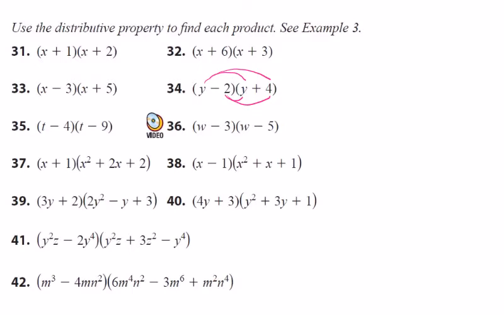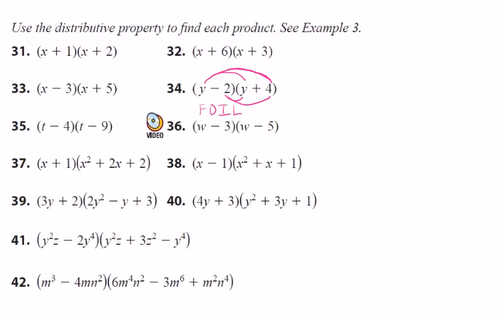FOIL means you multiply first by first, that's the F. Then outer by outer, that's the O. Then inner by inner, that's the I. Then last by last, that's where the L comes from. So that's one way to remember the process of multiplying binomials: by foiling.